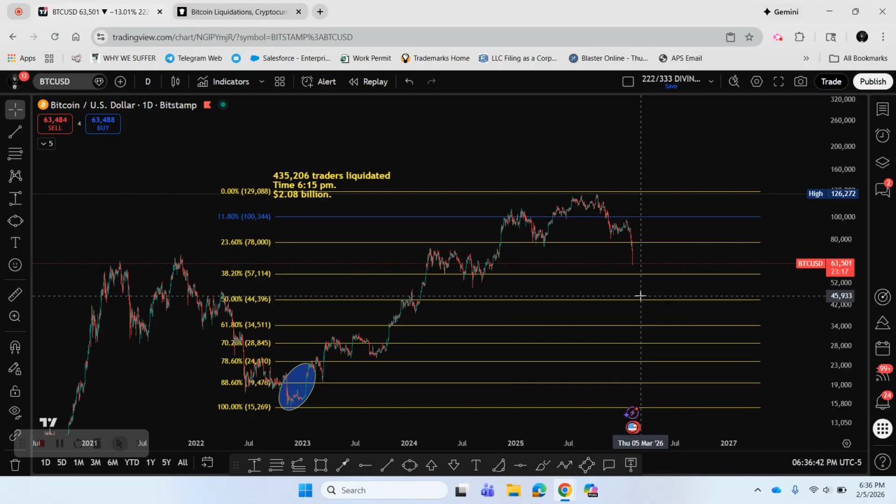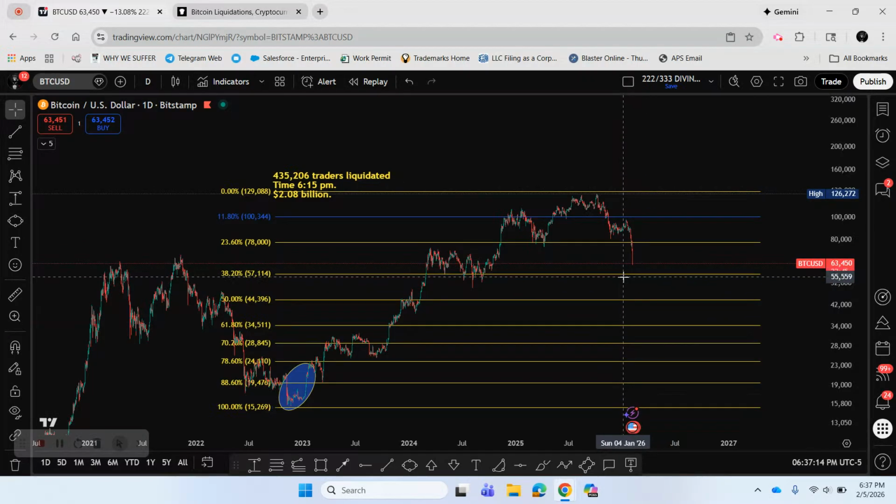But what I do want to highlight is that typically the 38% is visited. Once that 23 gets violated, it comes to the 38% retracement. So at bare minimum, we could expect a $57,114 Bitcoin, without all the rah-rah that we could get here.